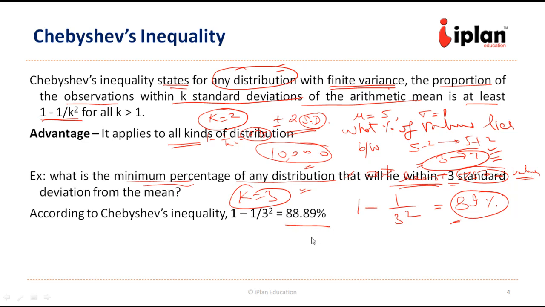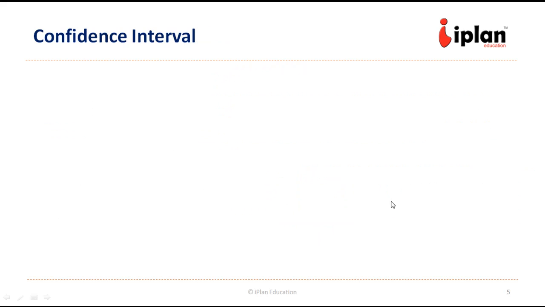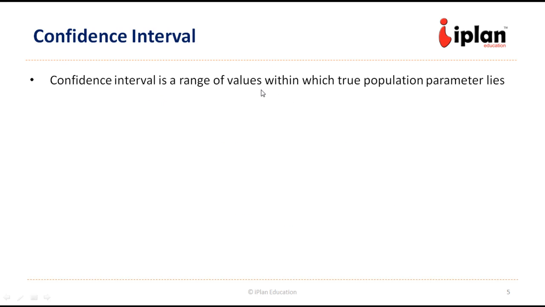Let us move to the next concept, the confidence interval. The confidence interval is nothing but a range of values within which a true population parameter lies. As we have seen in the last example of Chebyshev inequality, we had one range, 3 to 7.